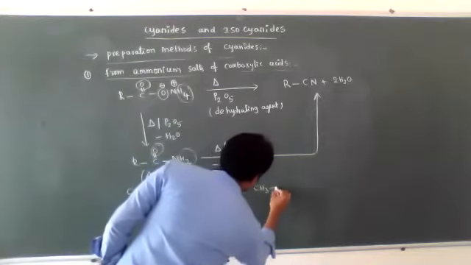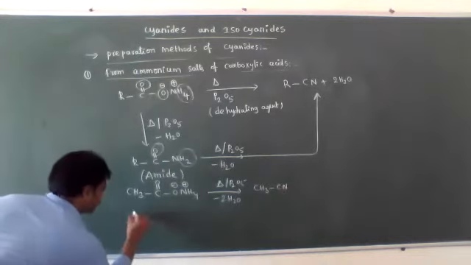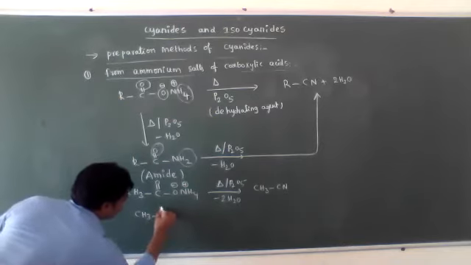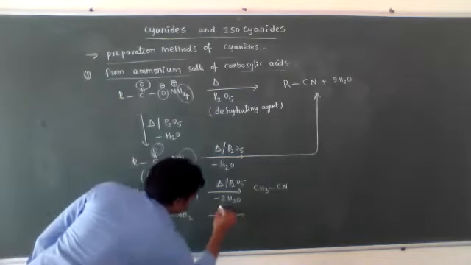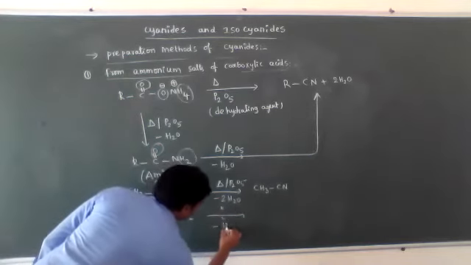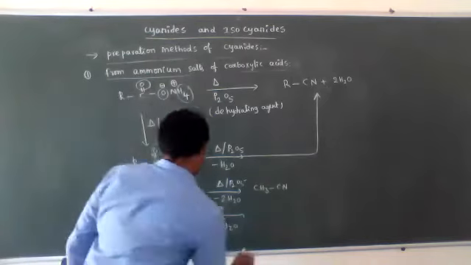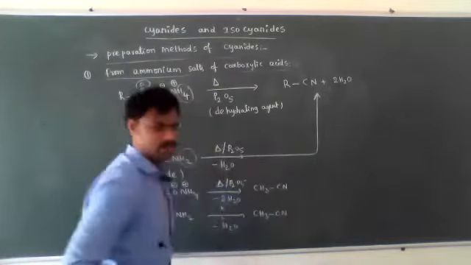Then we are getting CH3CN. Methyl cyanide we are getting. Instead of this, you take acetamide, CH3C double bond O NH2. Acetamide on heating, loss of one water molecule, we are getting CH3CN.